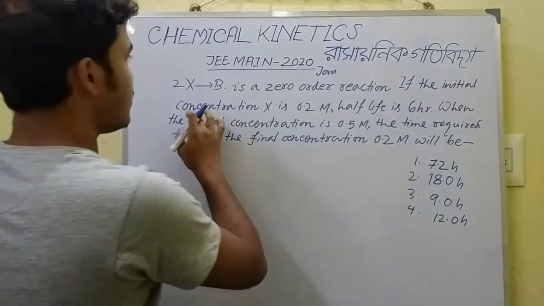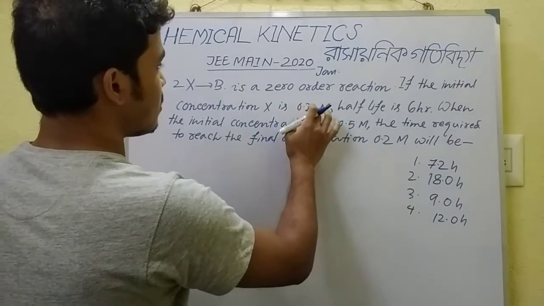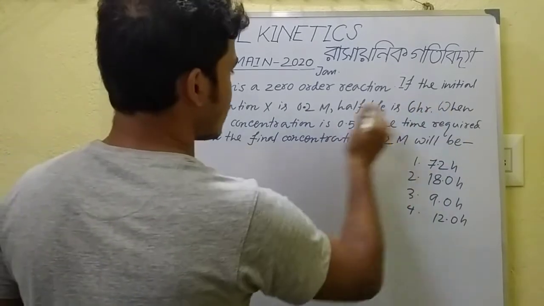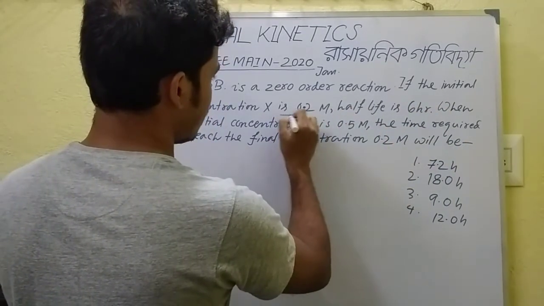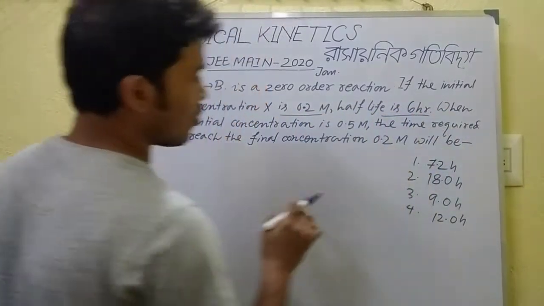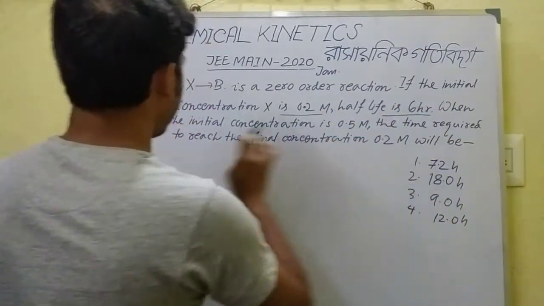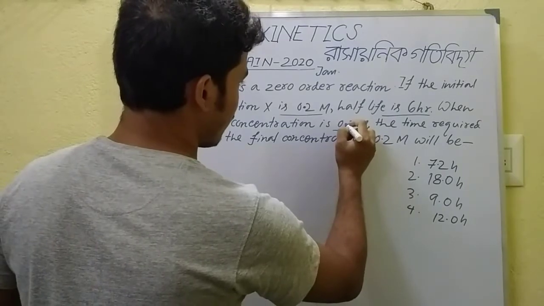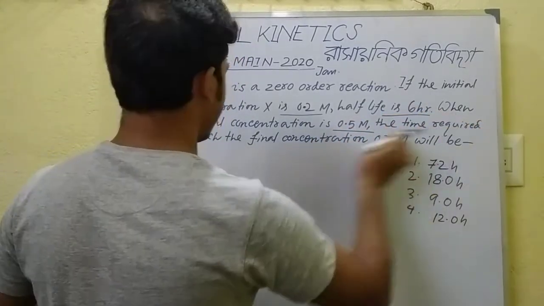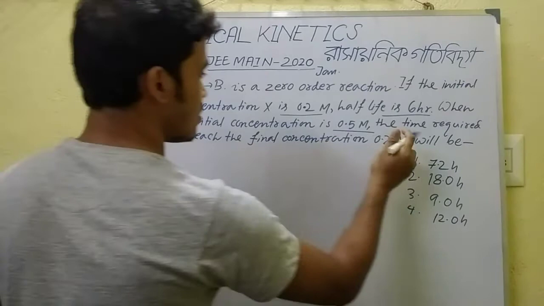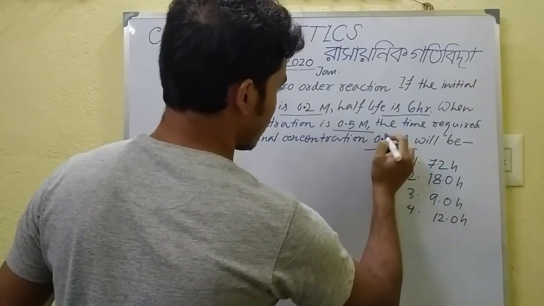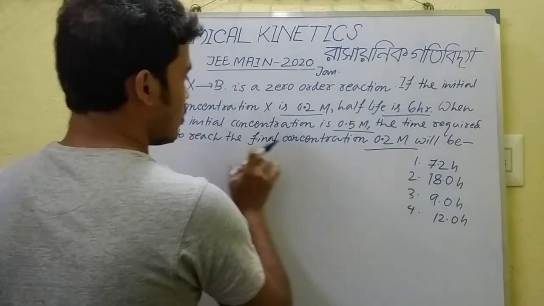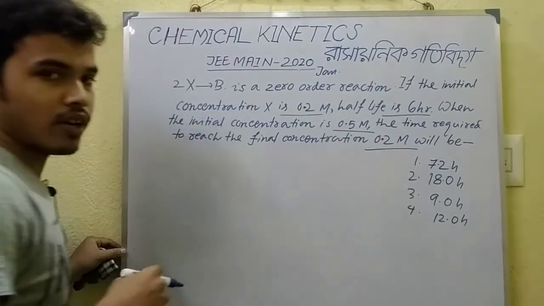If the initial concentration of X is 0.2 molar, half life is 6 hours. Okay, now when the initial concentration is 0.5 molar, the time required to reach the final concentration 0.2 molar. So they asked the time required to reach the concentration 0.2 molar.